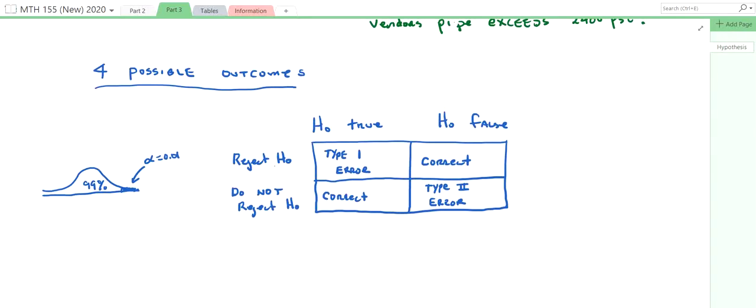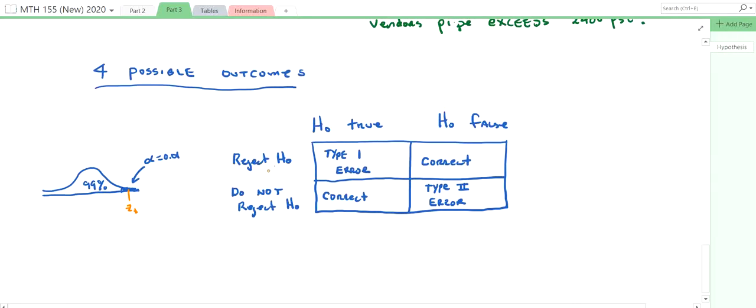Since our value of z ended up in this critical region, we reject the null hypothesis. But what could potentially have happened is this could just be a statistical anomaly. We could have just potentially got really high values of strength out of our test specimens than is average for the strength of all the specimens in the warehouse. And in that case, we would be wrong.